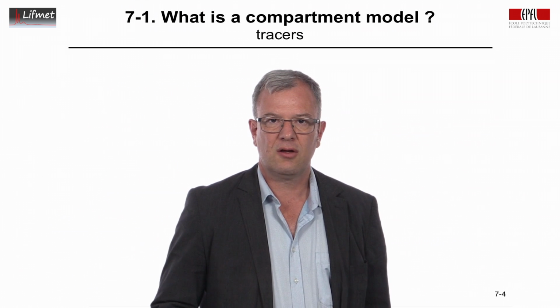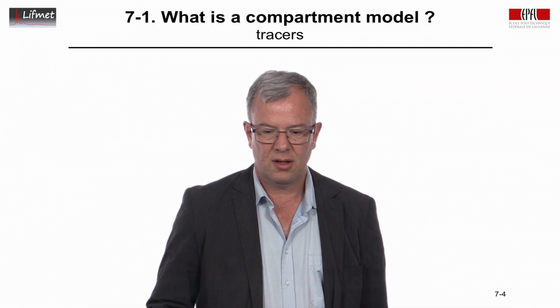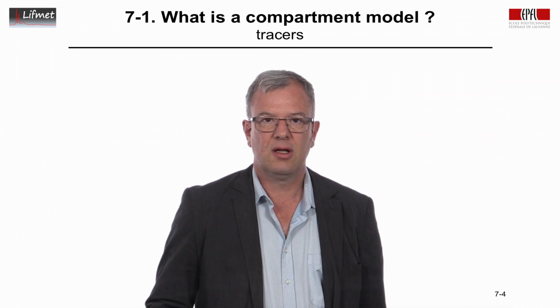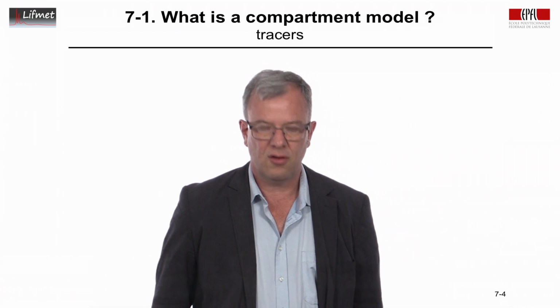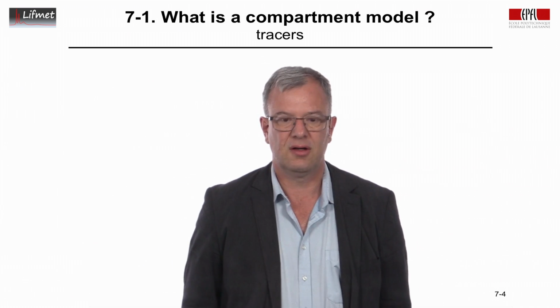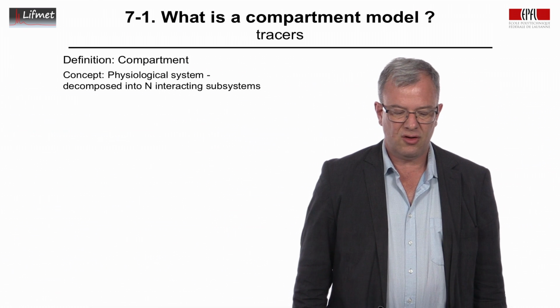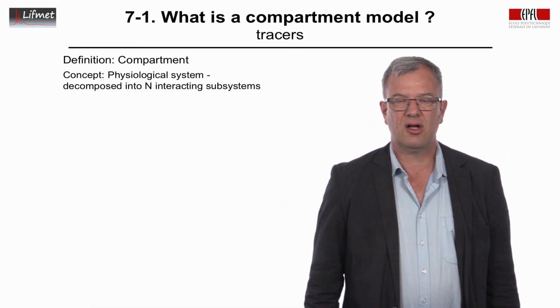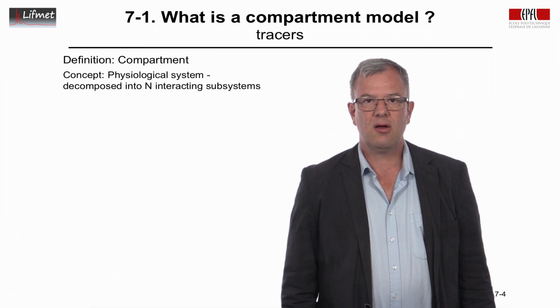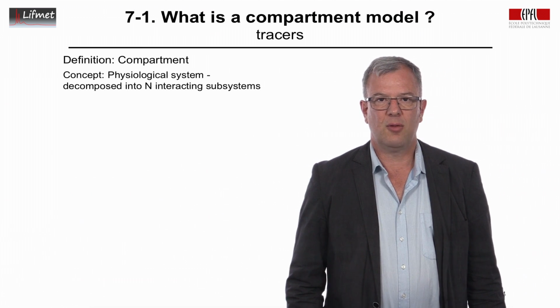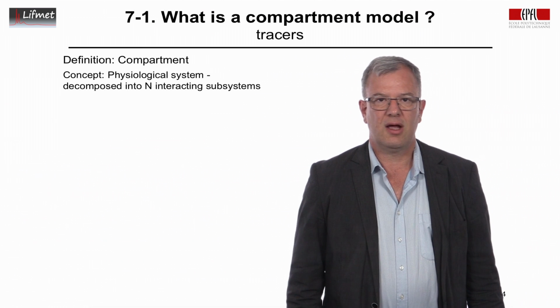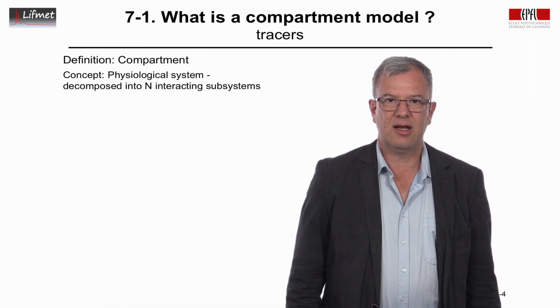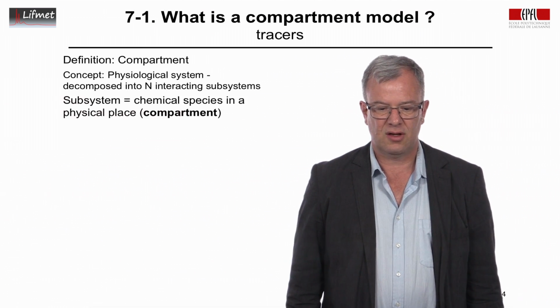First of all, the question, what is a compartmental model, a compartment model? And this asks the question of what is a compartment. So we'll take the definition of a compartment here, that we have a physiological system, and we'll decompose it, model it into a certain number, n here, of interacting subsystems.